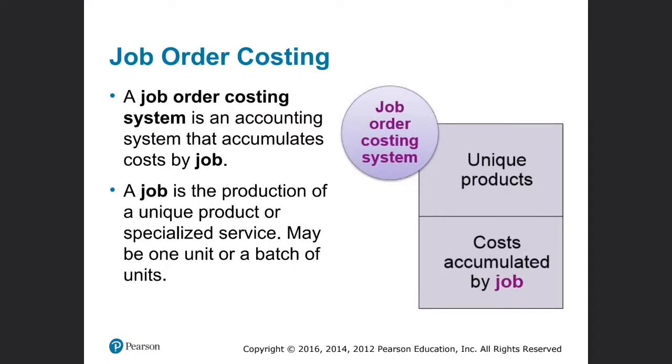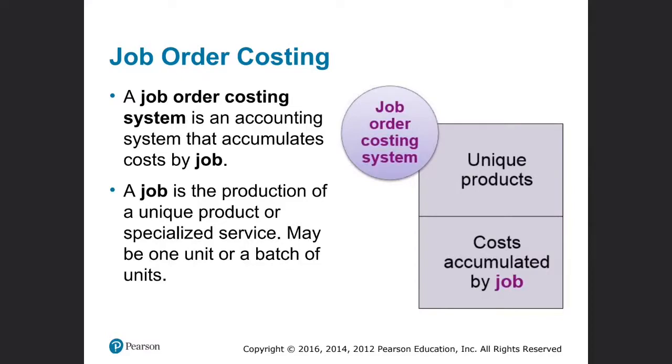So the job would be customer Bob, and then you'd have another job with customer Dan. That's what job order costing is.